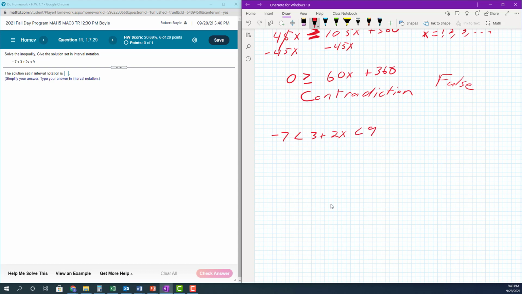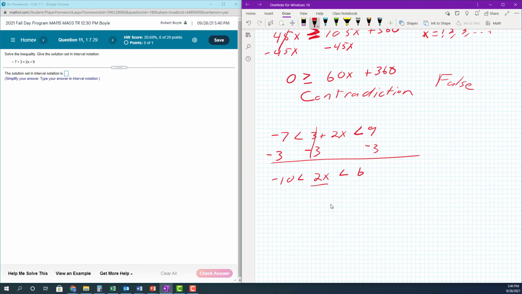Okay, once again, we just basically want to isolate x. However, in this case, we want to isolate x in the middle. We can do that by subtracting 3 from all three sides. So negative 3, negative 3, negative 3. That cancels. We have negative 10 is strictly less than 2x is strictly less than 6.